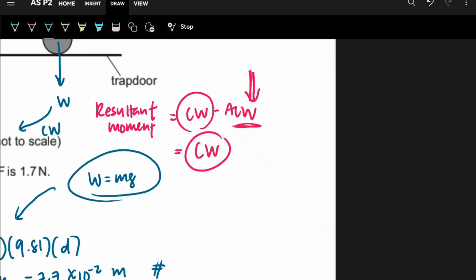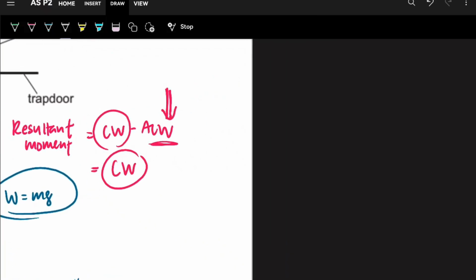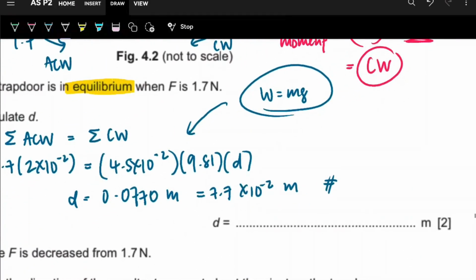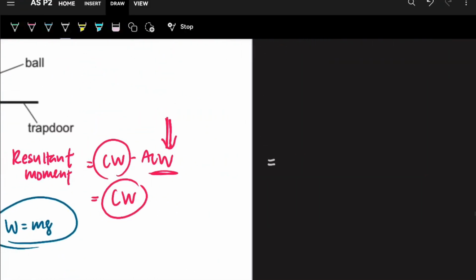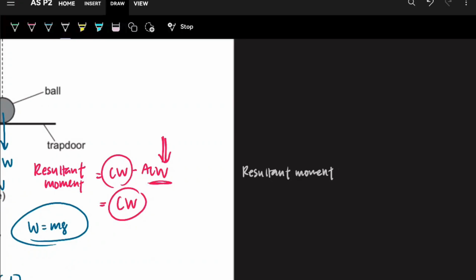Let me give you an example, in case you still don't get it. Let me calculate my clockwise moment first. I will get 0.03399.